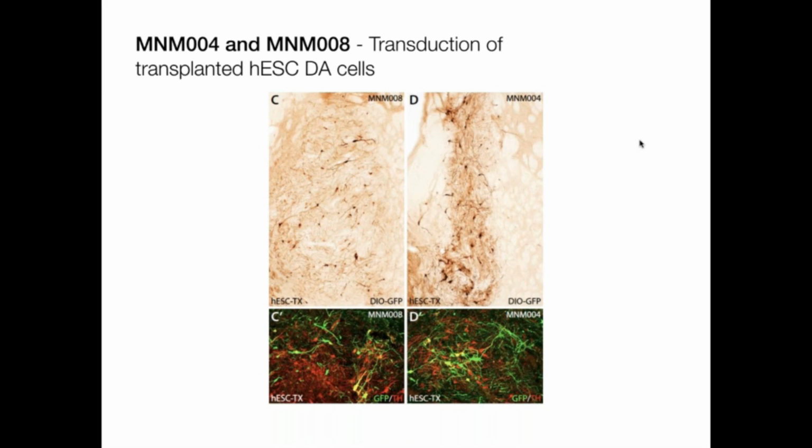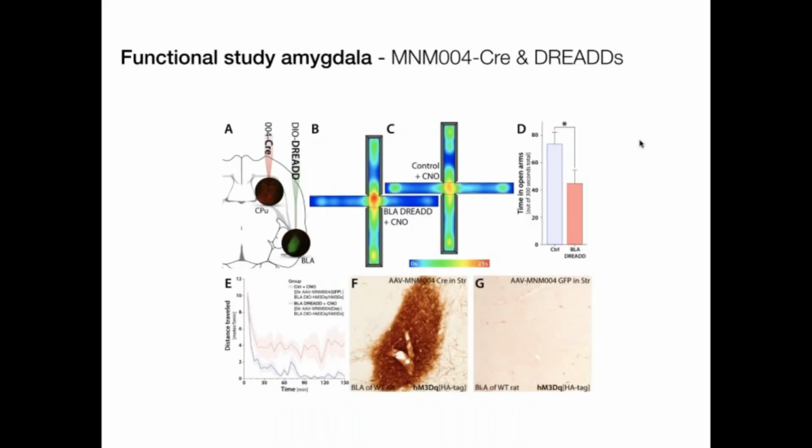The cells were transplanted into the nigra, and we could see that injecting this vector into the striatum, we had retrograde transport with both these vectors, and they were targeting these human transplanted cells. So another validation that it works both on rat and human tissue or human cells in vivo.